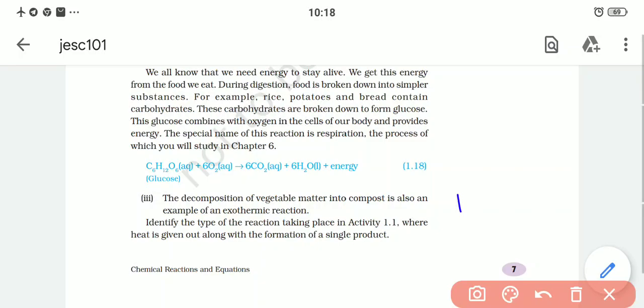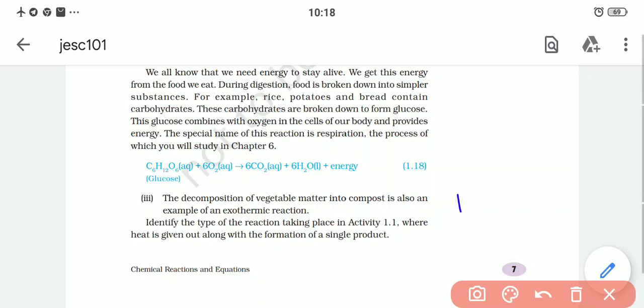When we eat food, it gets digested in our system and converts into simpler substances, carbohydrates. For example, rice, potatoes and bread contain carbohydrates. They break down into glucose and other simple carbohydrates, which combine with oxygen in a cell and provide energy.